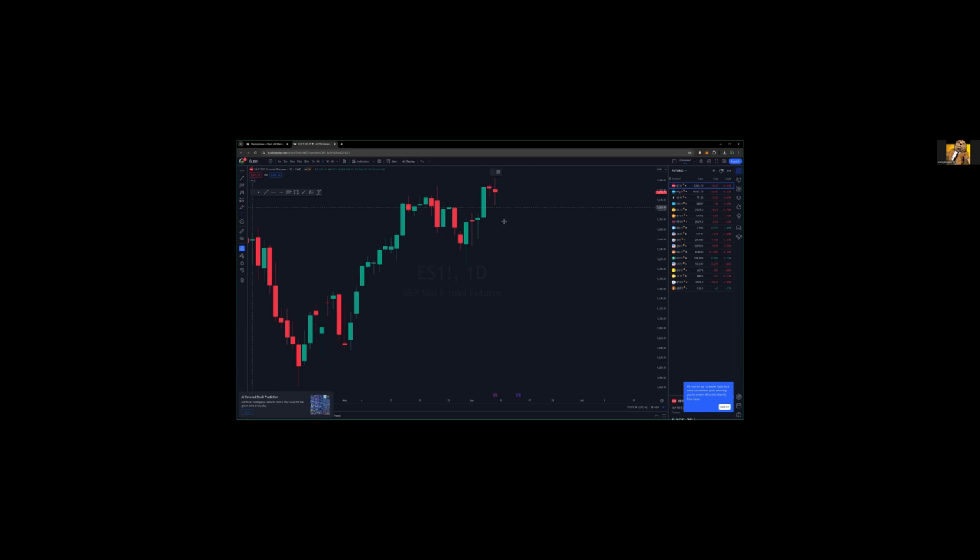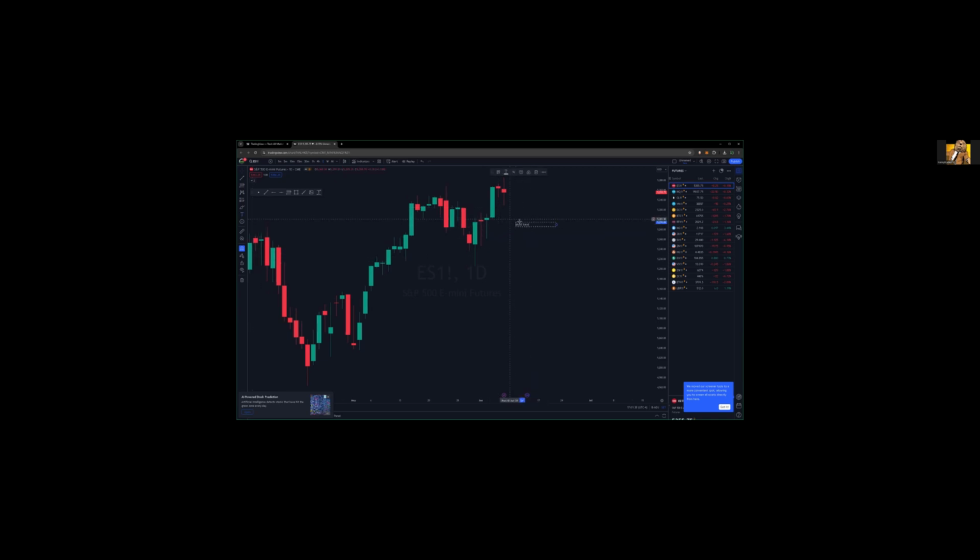Let's get a text box here. So that candle right there moved up 62 points. We know that every quarter point is going to be equal to about $5. I'm sorry, we're doing ES, so it's going to be equivalent to $12.50. So 1 point, or that times 4, is going to be equal to about $50.